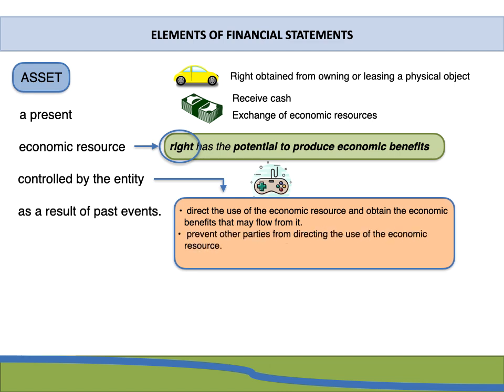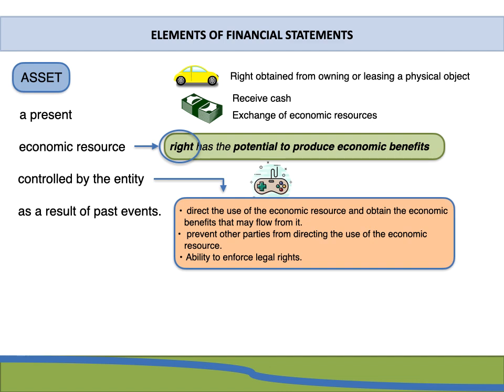The entity has the power to prevent other parties from directing the use of the economic resource, and the entity also has the ability to enforce legal rights. So these are all examples of where the entity has control.